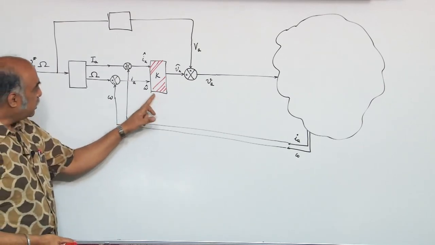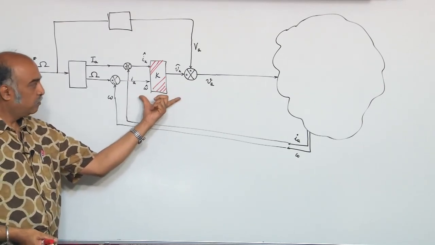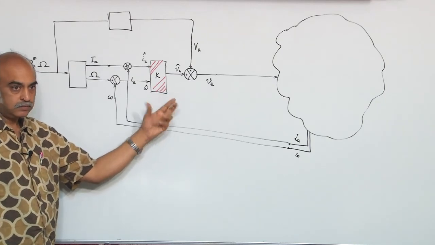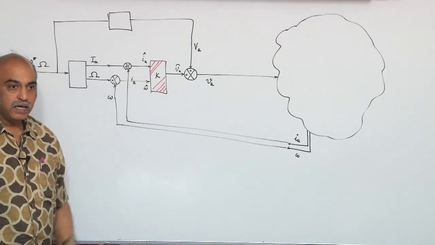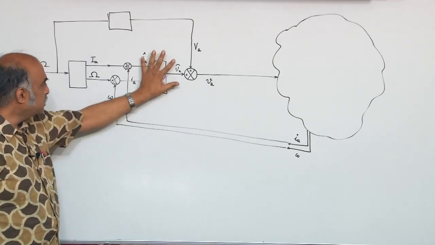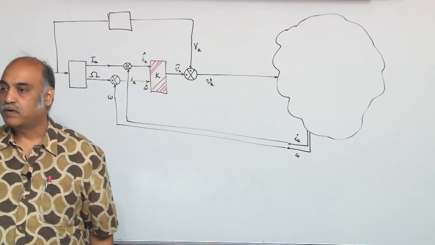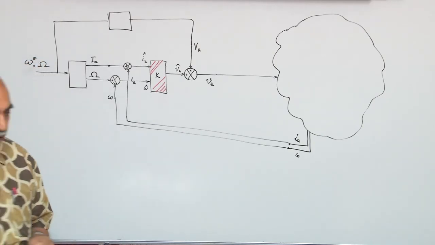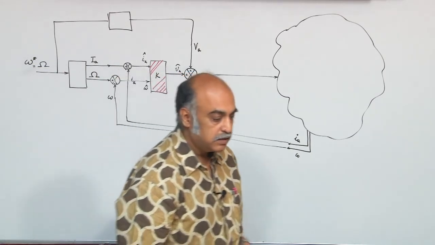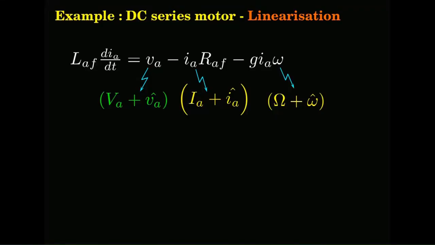Now, look at this controller, these variables. What are these variables? VA hat, omega hat, IA hat. So, as far as this control is concerned, it is only talking in terms of the deviation signals, right. We will try to bring it such that can I make the deviation signals alone, can I use only the deviation signals, in which case if I am able to make the deviation signals at least linear.